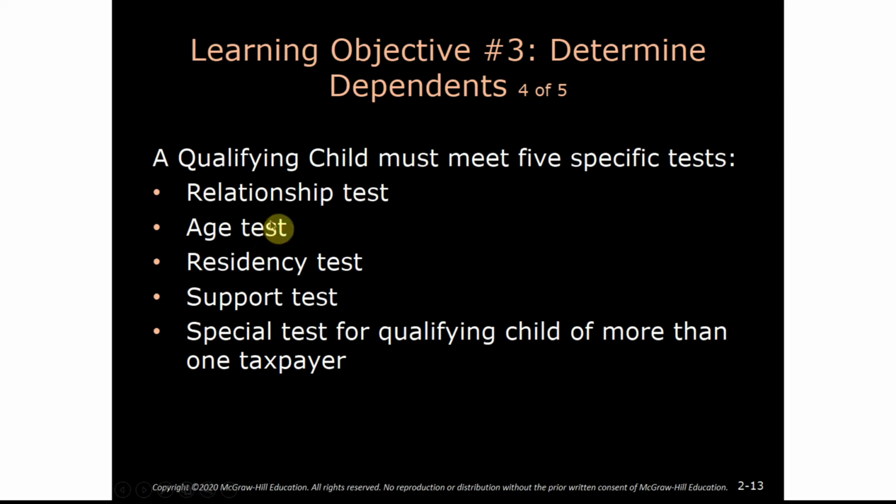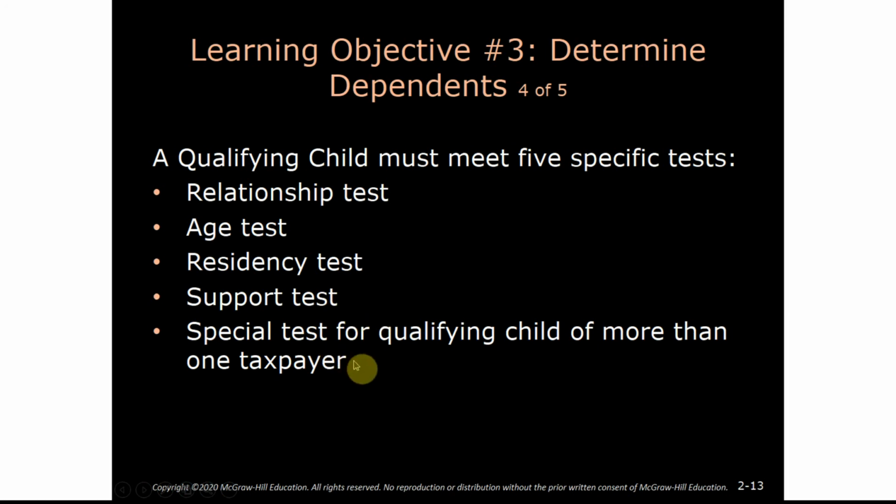Age test: you generally have to be under 19 years of age, or under 24 if you're going to school full-time. The residency test: the child would have to live with the taxpayer for more than half the year to meet this requirement. And as I said earlier, temporary absences are permitted. And the support test: the child must not provide more than half their own support.